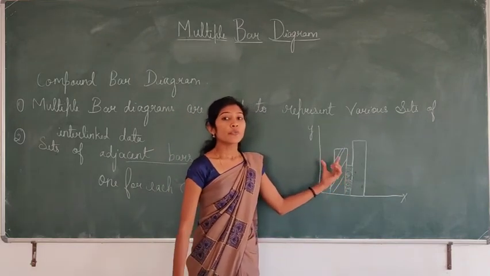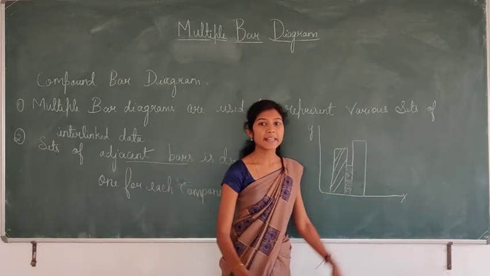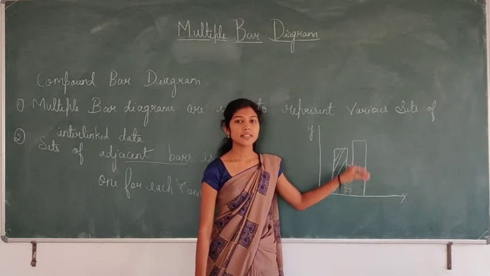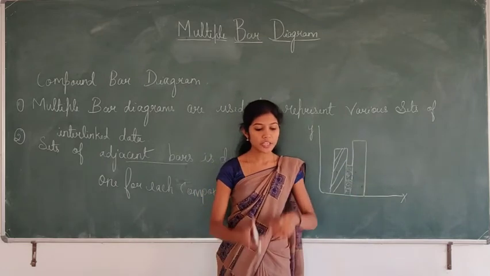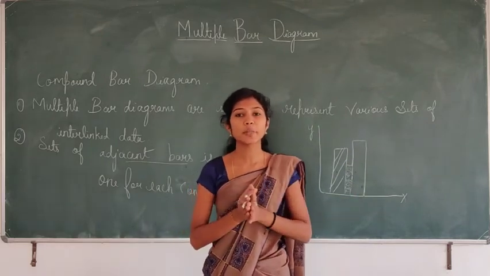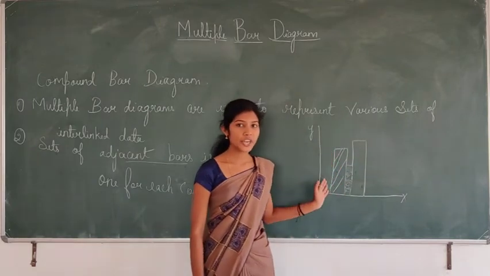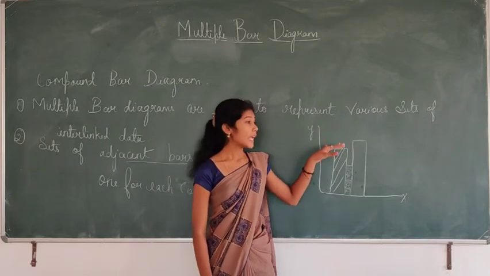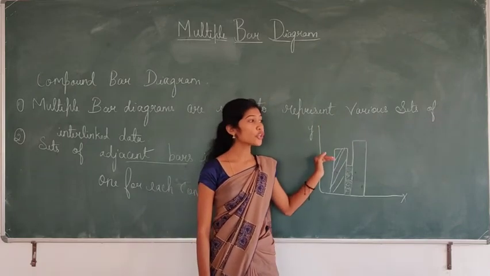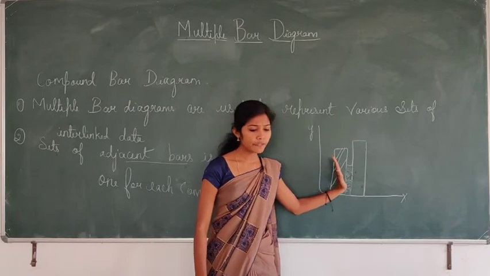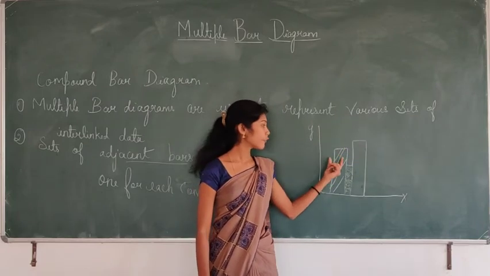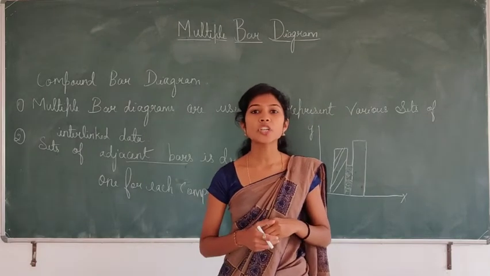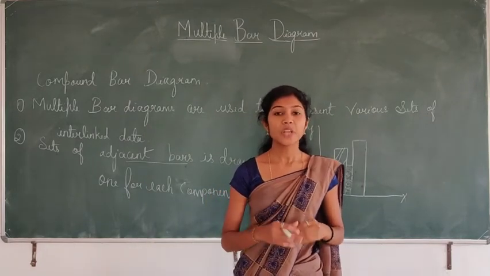And for easy reference, an index should be drawn showing the different shapes, different colors and different crossings. So this is about multiple bar diagram.